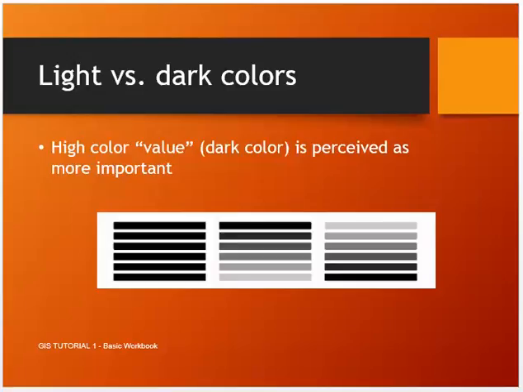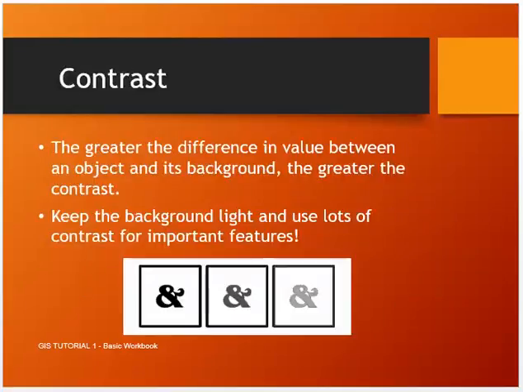In the color realm, high color, dark colors, bold colors, they're perceived as the most important elements on the page. When you have a data set and a high contrast, the difference between objects in the background and objects in the foreground that you want to draw attention to, that's called contrast.